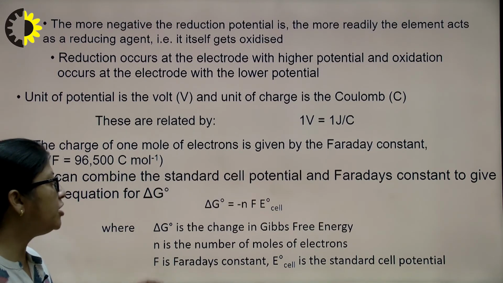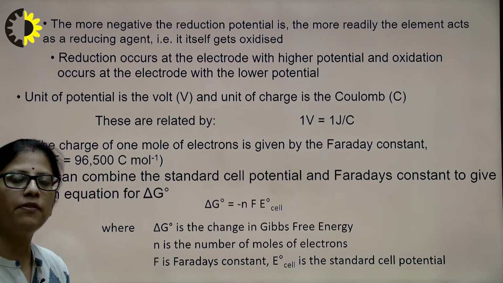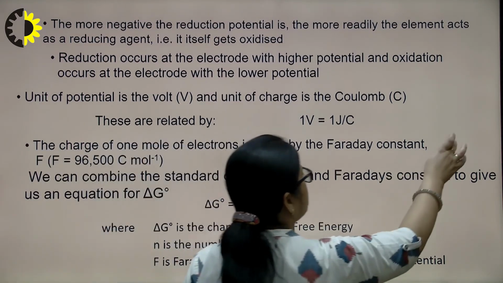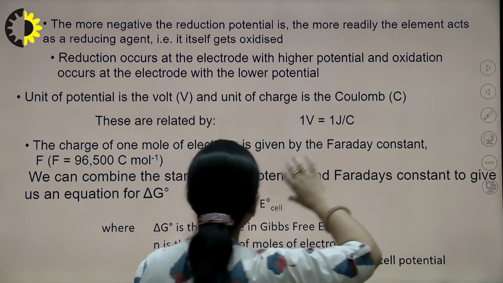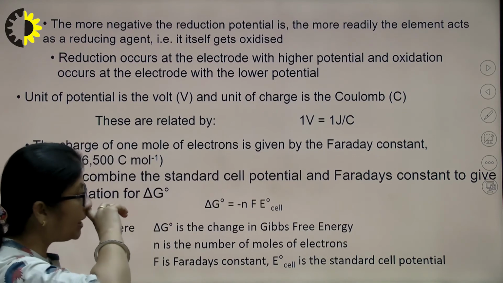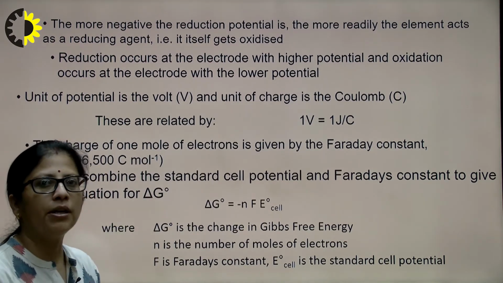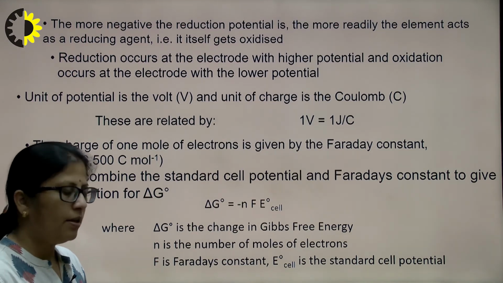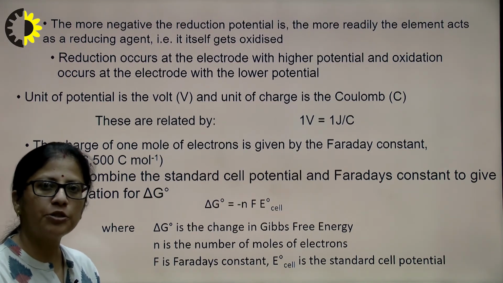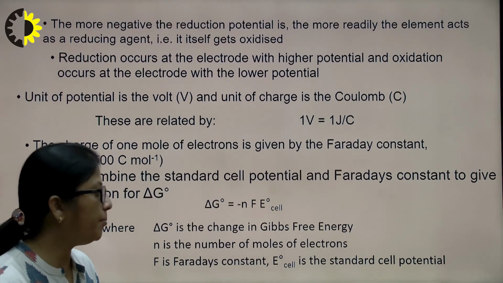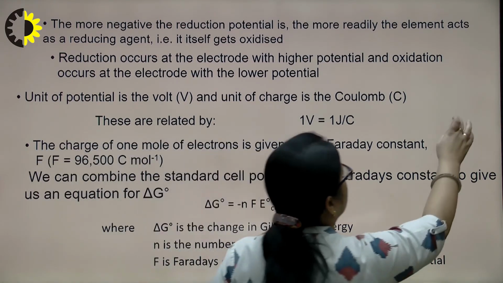So, the change in the standard Gibbs free energy is given by minus nFE naught. Now, this has been extended by Nernst, that the change in the Gibbs free energy depends upon the type of electrode we are using, the concentration of the cell, and also on the temperature. I will take that in the next slide.